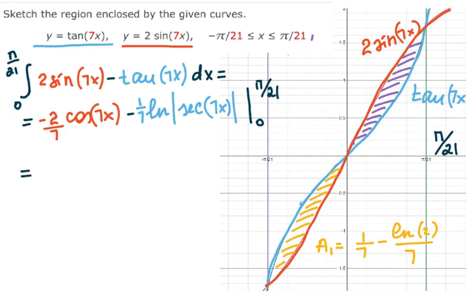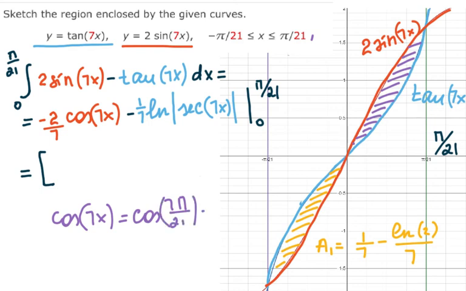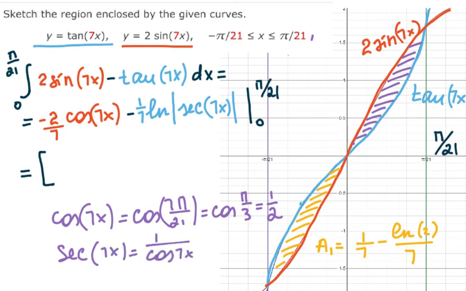Now plugging in pi over 21. So if you have to plug in again pi over 21 into cosine of 7x, you would get cosine of 7 pi over 21, which is cosine of pi over 3 and equals to 1/2. So secant, if you had a secant of 7x, it's the same as 1 over cosine of 7x.